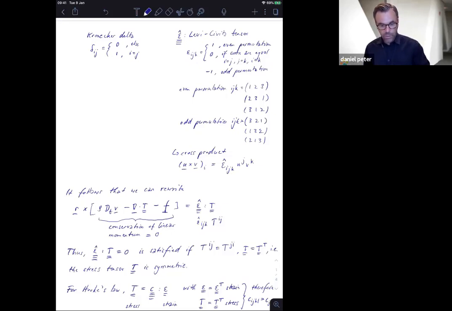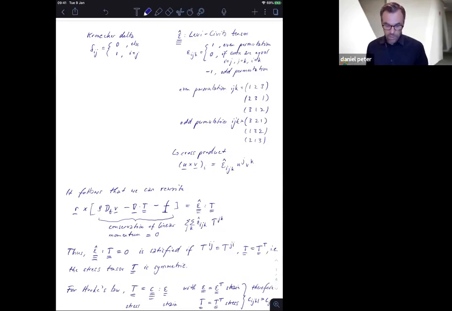But in principle, because it's a vector component i that we will look at, jk, so this would be the product. You would have these double sums over j and k. So that's how you would rewrite it.